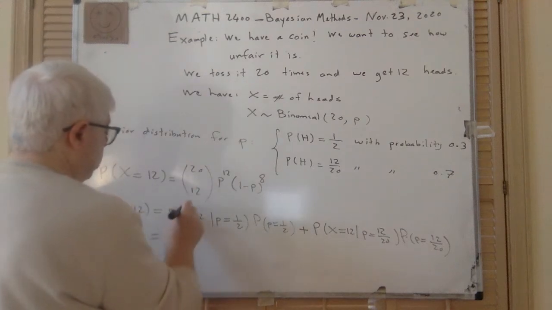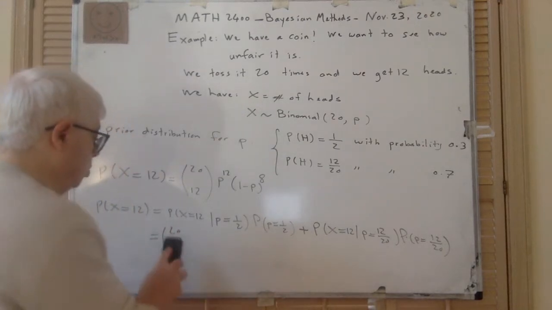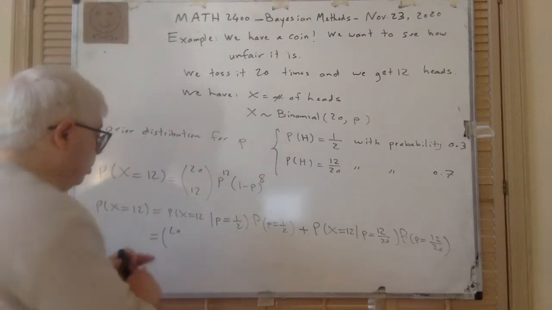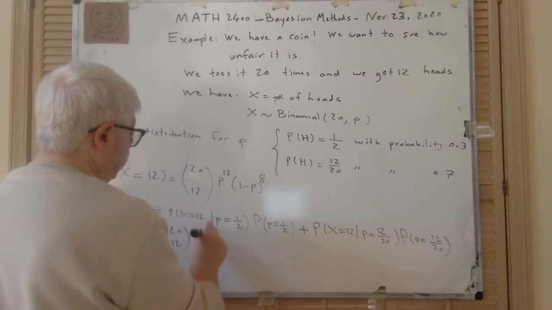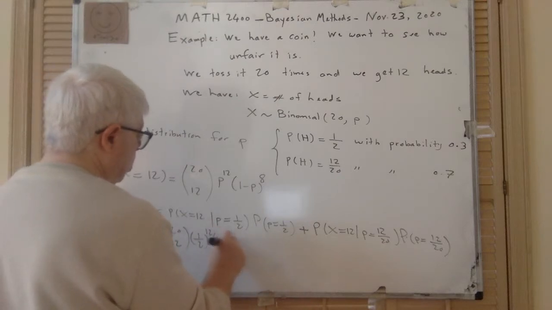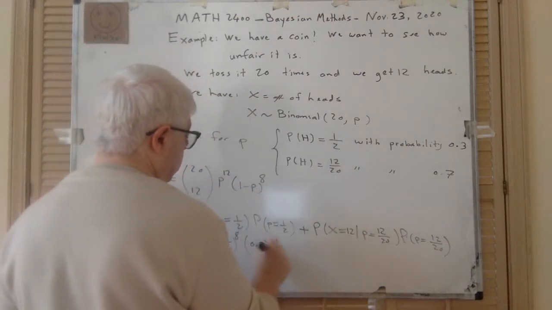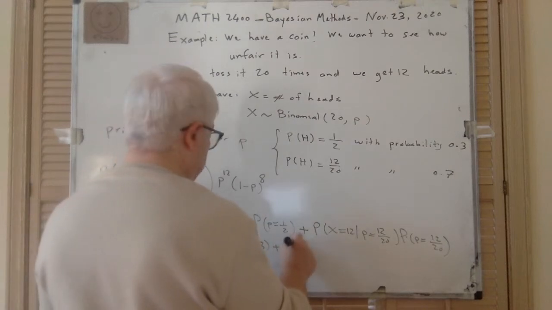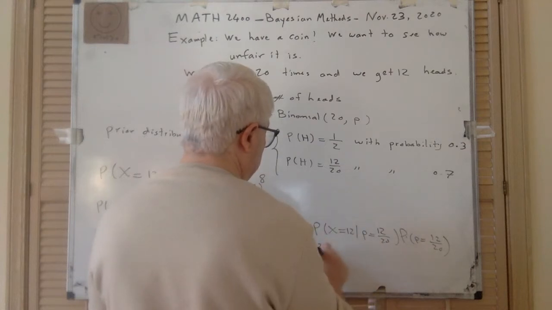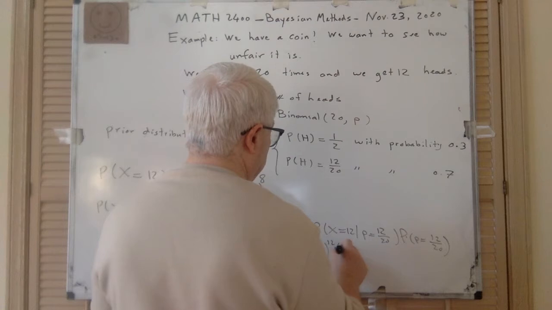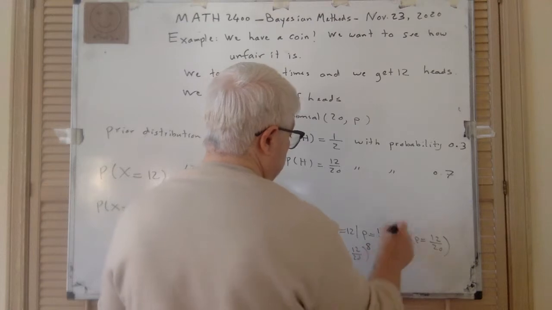So this one is 20 choose 12 times 1/2 to power 12, 1 minus 1/2 to power 8, times 0.3, plus 20 choose 12 times 12 over 20 to power 12, 1 minus 12 over 20 to power 8, times 0.7.